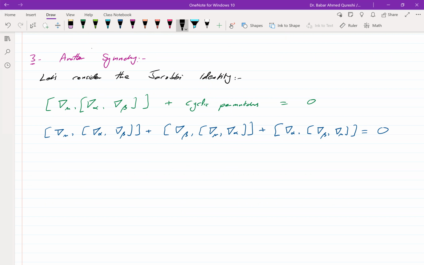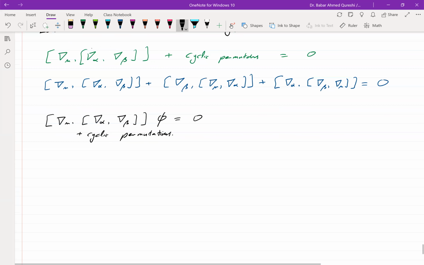So I act with it on a scalar. On a scalar field, this is going to be 0 plus cyclic permutations. So that means if I open it up, what do I get?